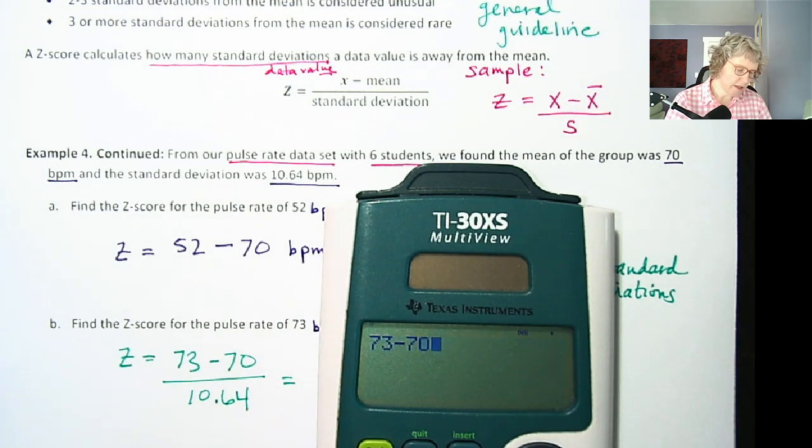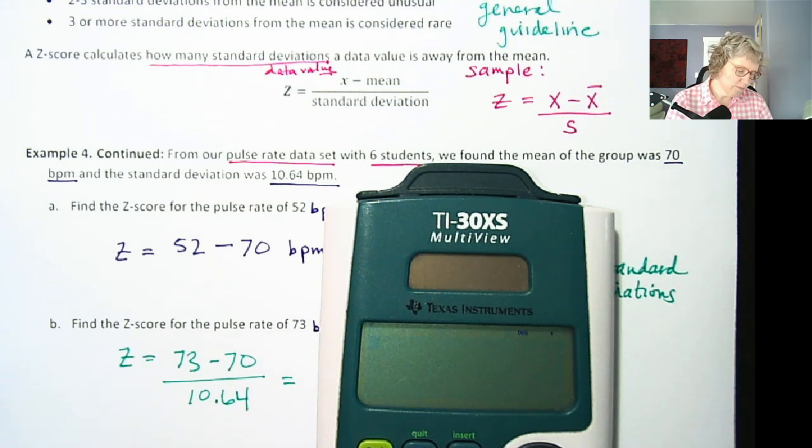73 minus 70. Now I have to hit enter here because if I just do divide by 10.64, it will only divide the 70 by 10.64 because division comes before subtraction in the order of operations. So I would get it wrong. So be mindful of that if your answers aren't making sense. That could be why.